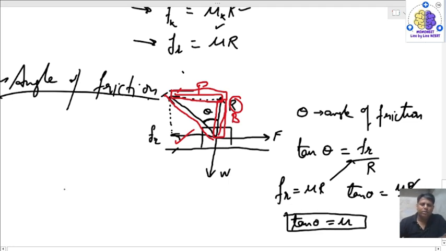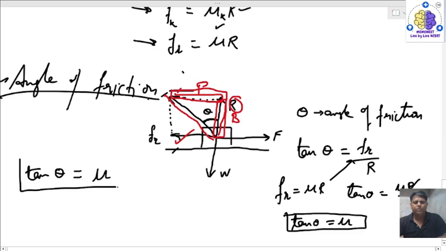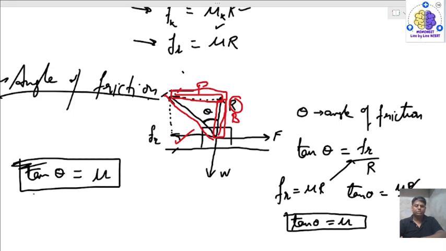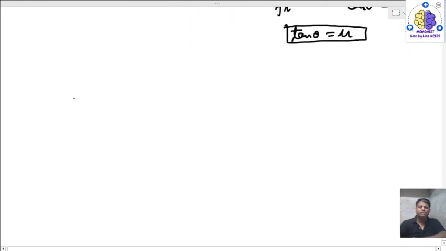So the tan of the angle of friction, that is tan theta, equals mu, the coefficient of friction between the two surfaces, right?